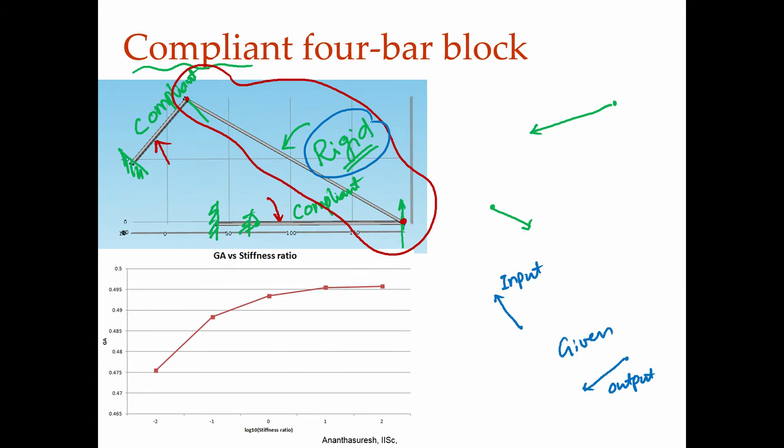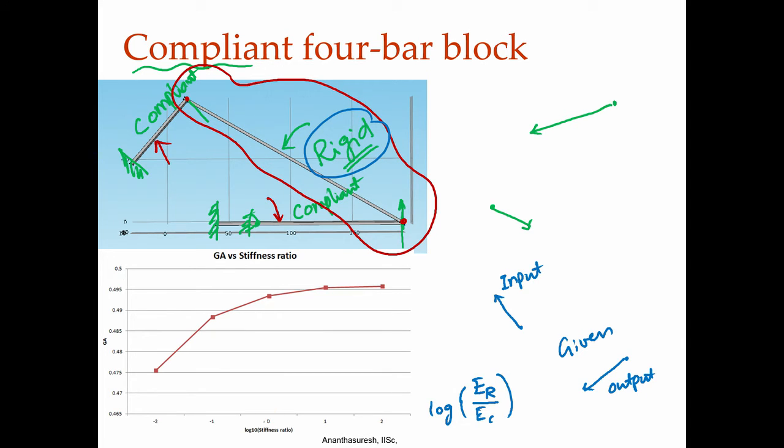So, for that what has been done here, which is too small for you to read, this is log of the stiffness ratio. So, let us say I take Young's modulus of these compliant segments and rigid segments. This is the stiffness ratio of what is supposed to be the rigid one to what is supposed to be the compliant, ER by EC, that is a log 1.